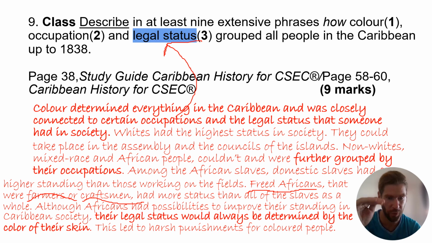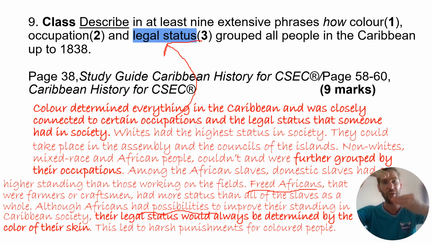The freed Africans were farmers or craftsmen, like I say here. Although Africans had possibilities to improve their standing. So they had possibilities to gain more status and standing in society.